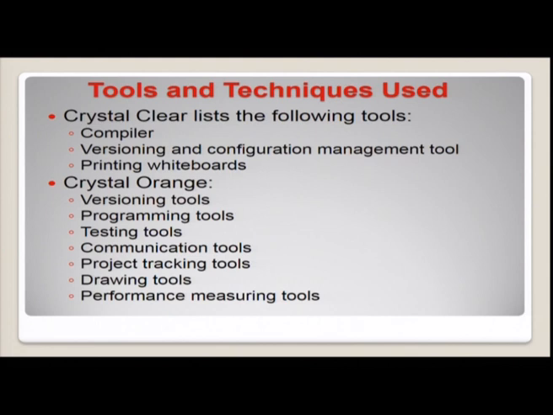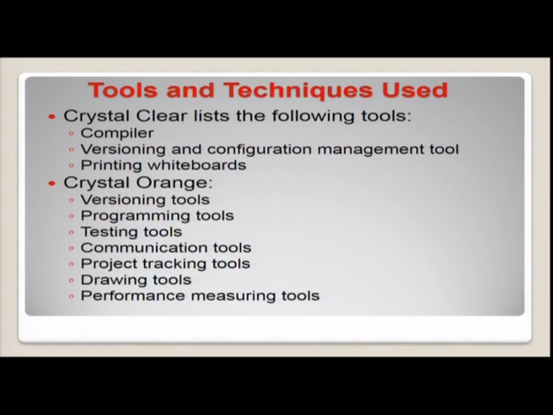Here the testing tool denotes automatic testing tools. Then communication tools, project tracking tools, drawing tools, and performance measuring tools. In each and every Crystal Orange project, the performance is measured then and there so that the customer knows what is happening and how critical this project is, and what sort of effective measures the customer has to give to the team member so that the team member solves the criticality with ease.